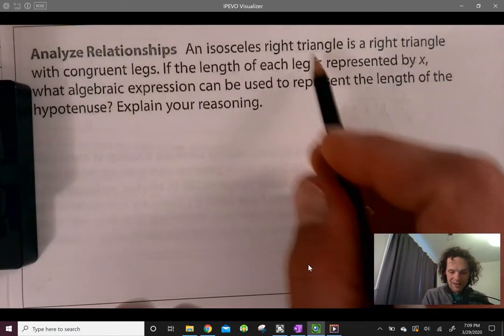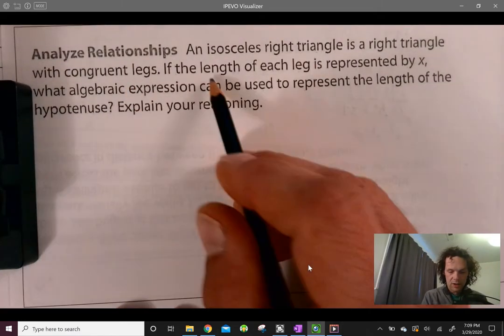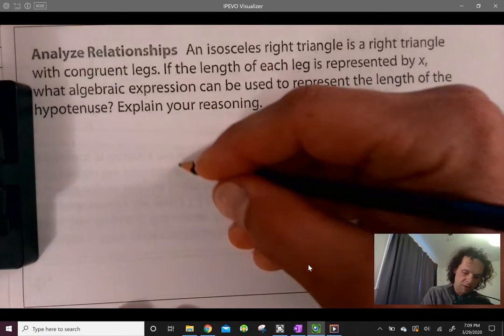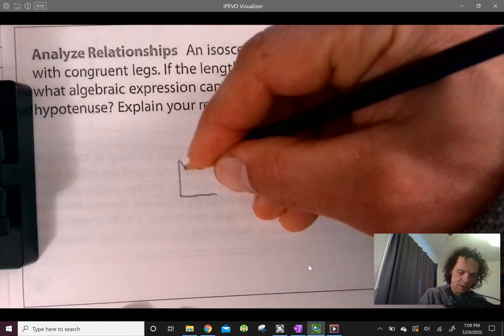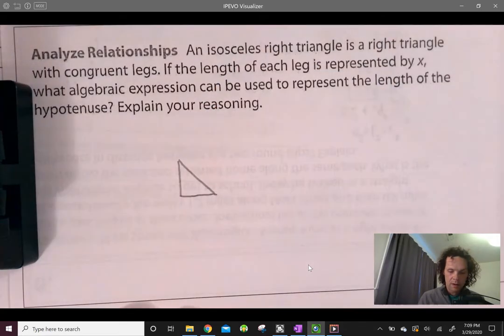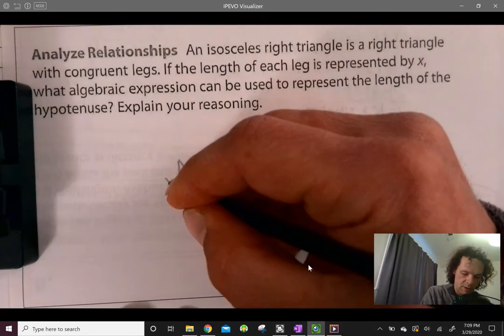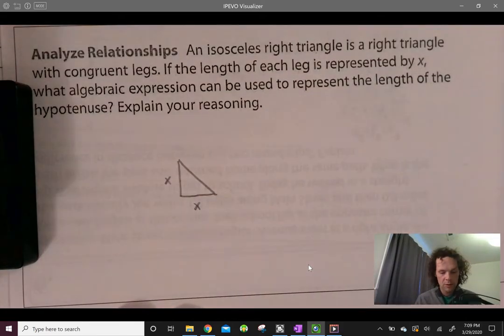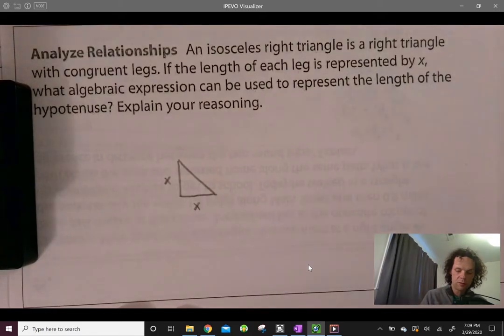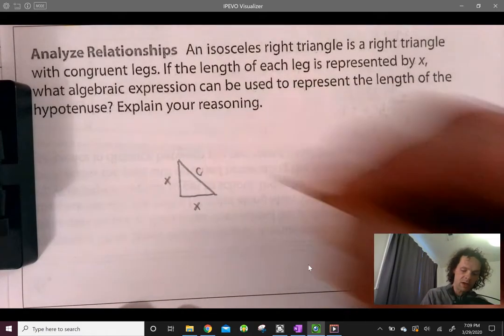So I'm drawing an isosceles right triangle, and the length of each leg is represented by x. What algebraic expression can be used to represent the length of the hypotenuse?